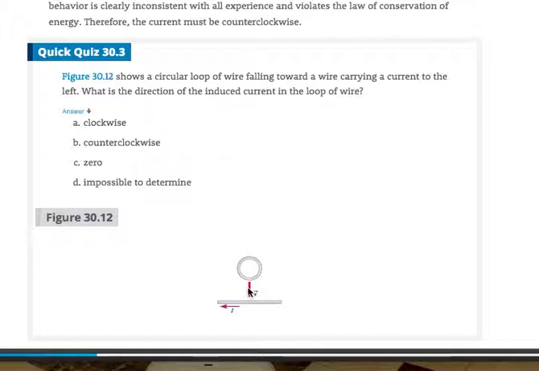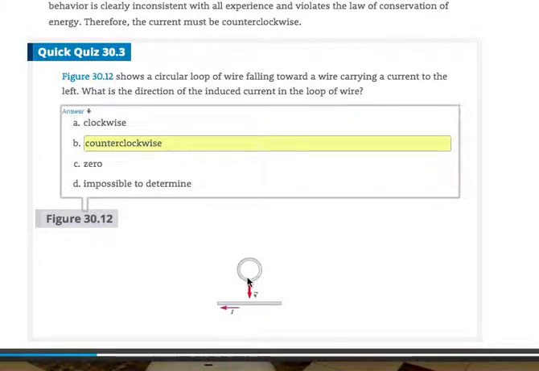So I want to make more out of the page. And if I want more out of the page, then the current's going to run this way, which means my fingertips would come out of the page in the middle of this circle. Right, because you're getting more of it in the circle, you're getting more into it as it falls.